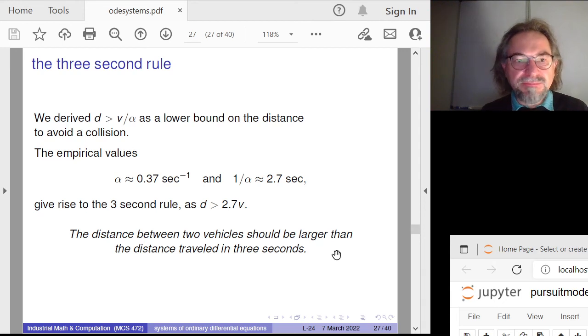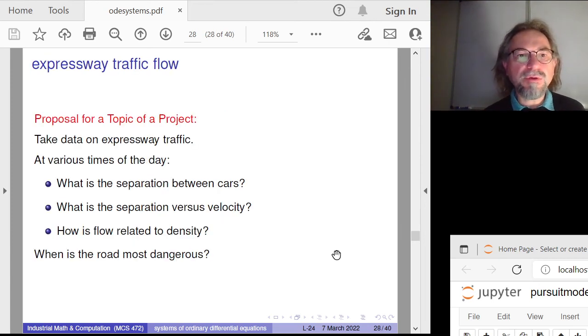So from this rule, one can also try to think about the speed limits. Do the speed limits make sense if you take into account this 3 second rule, given the normal traffic flow? Okay, so here is then a proposal for a topic. In Chicago we have many expressways. An old name for UIC was Chicago Circle Campus.